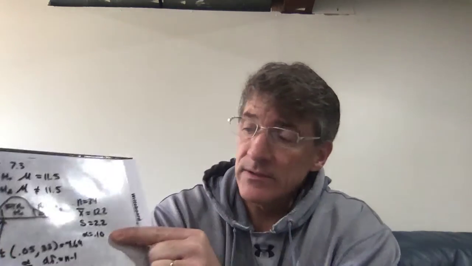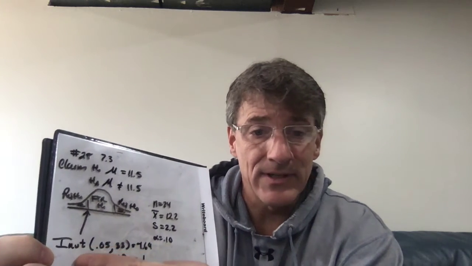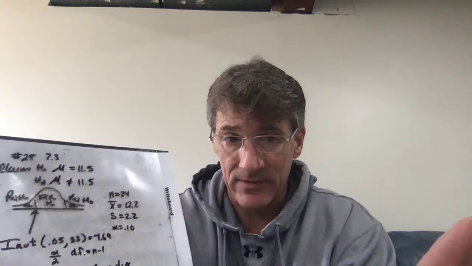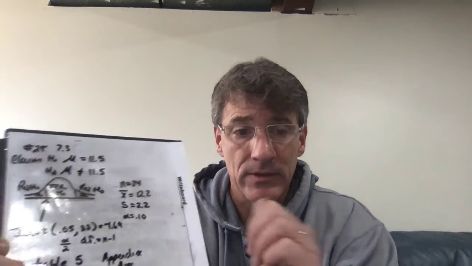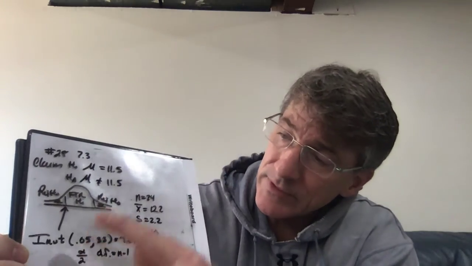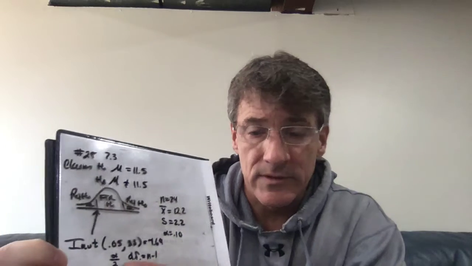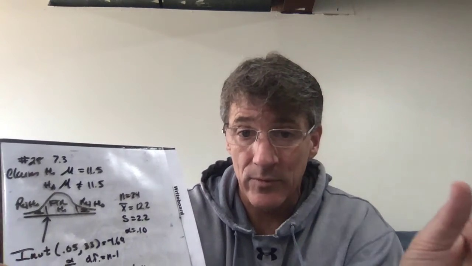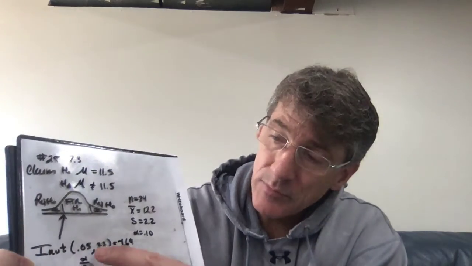Now, to get the critical values, because it's a t-test, we need to use invT. Not everybody's calculator has that, so if you don't have that, don't panic. We'll just use the table. If you're using invT, because it's a two-tailed test, we're splitting the 0.10 in half, so the area is 0.05.